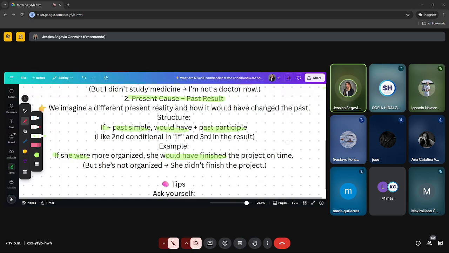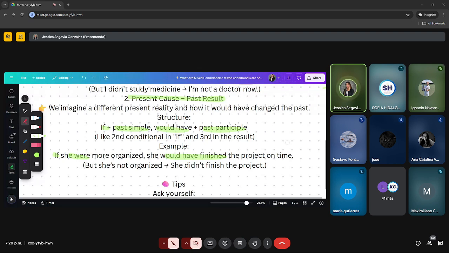El tiempo de entregar el proyecto ya pasó, ya terminó y ella no lo logró. Por eso es un resultado pasado con una situación presente, porque en el presente ella no deja de ser organizada. Puede ser que incluso le vuelva a pasar de nuevo.